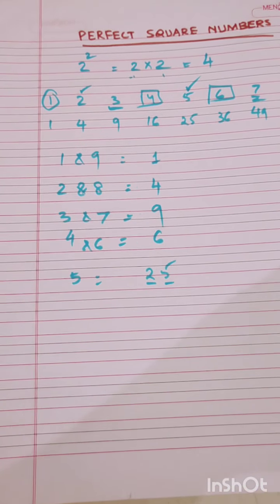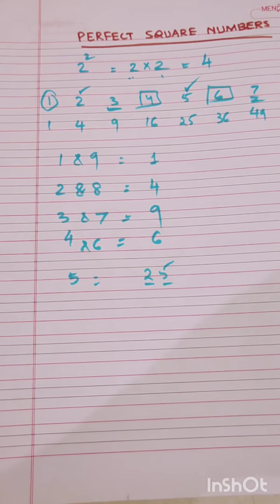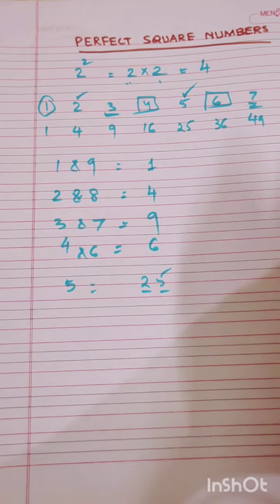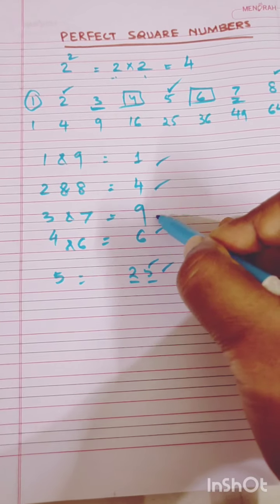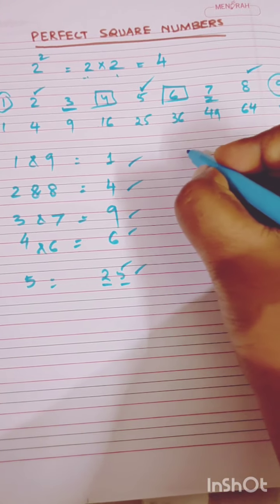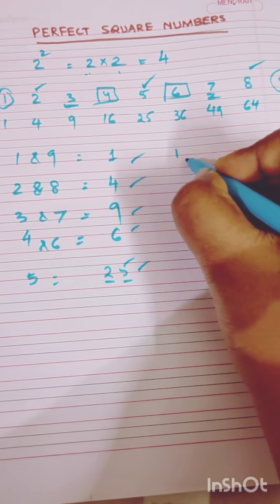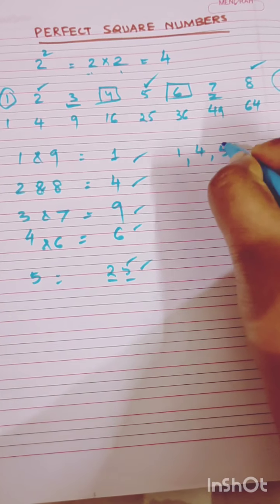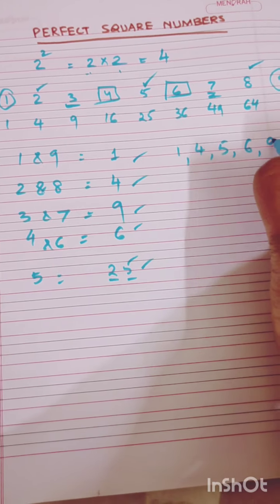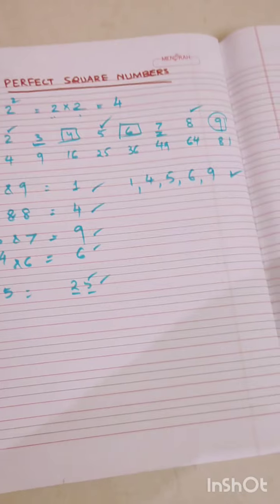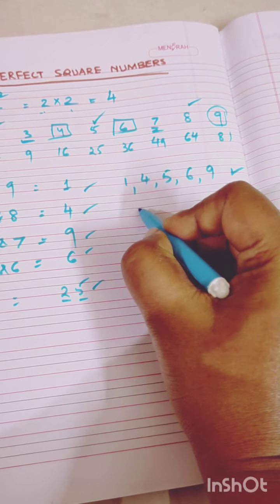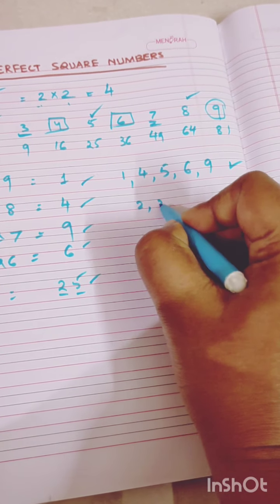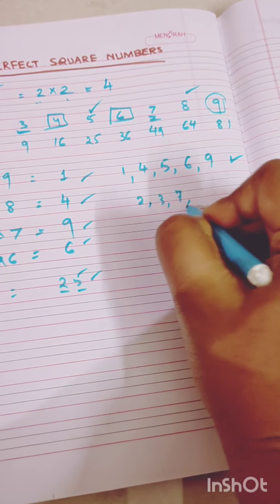Okay, so as you see, what are the possible combinations we have? 1, 4, 5, 6 and 9. So any number which ends with 1, 4, 5, 6 or 9 can be a perfect square number. So what are we left with? 2, 3, 7 and 8.